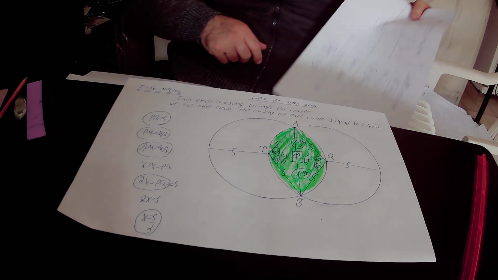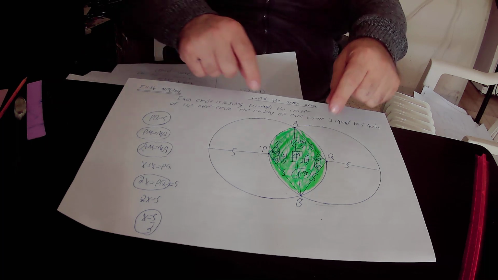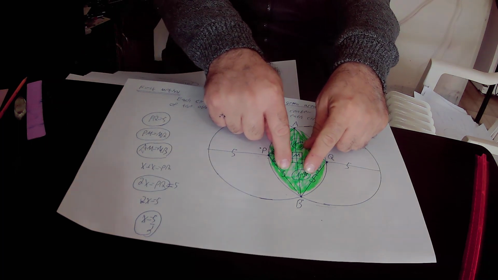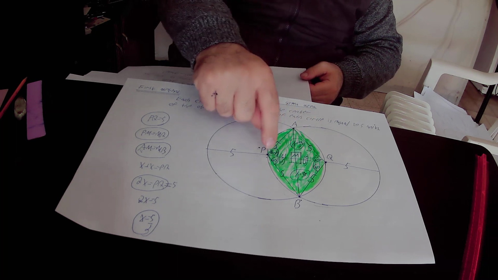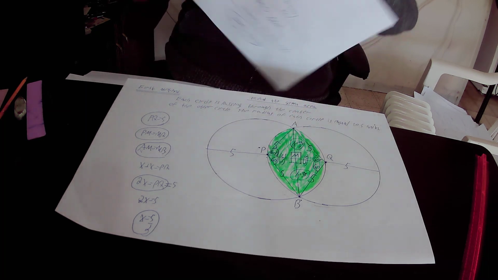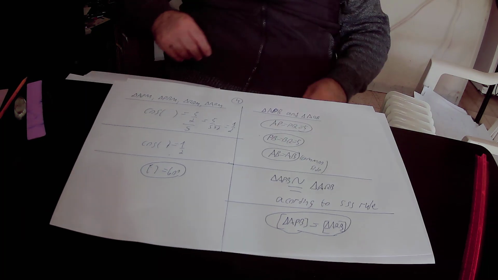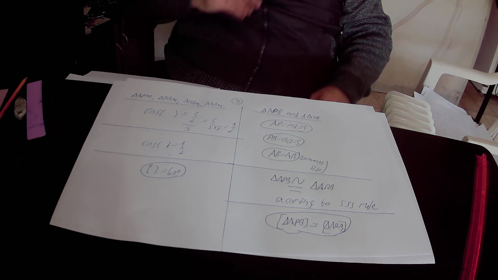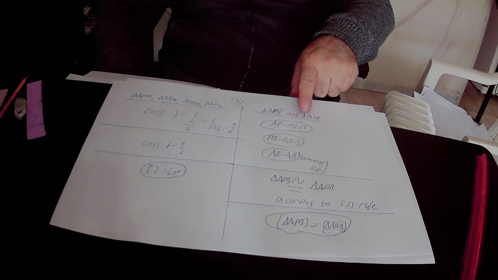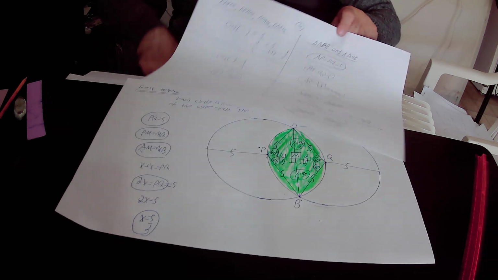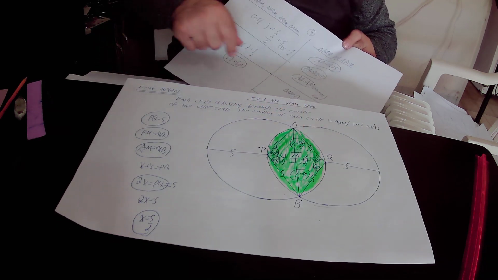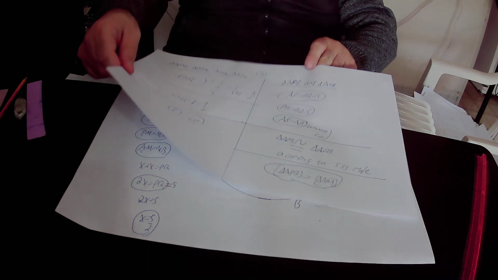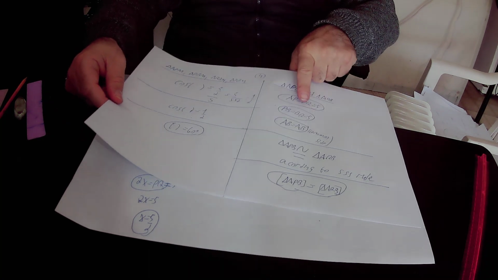Then we actually prove that those two triangles are congruent. That is to say, triangle AQB is congruent to triangle APB. Why are those two triangles congruent? First of all, we know that AP equals PQ equals 5 units. We also know that PQ equals BQ equals 5 units.